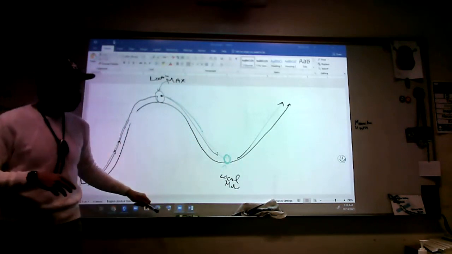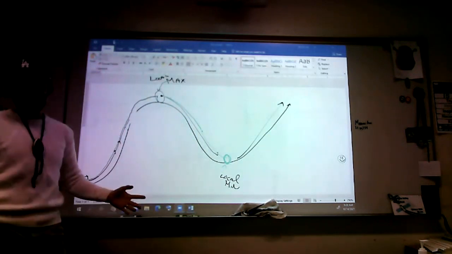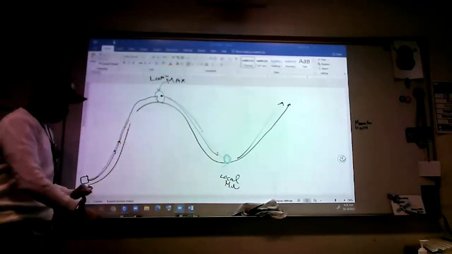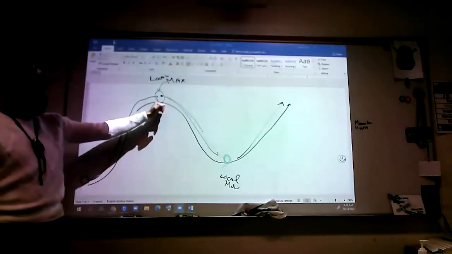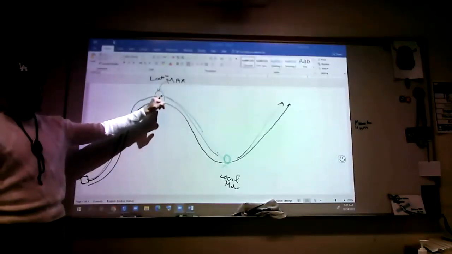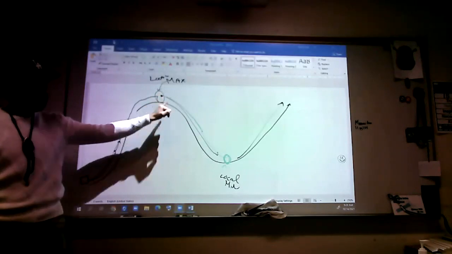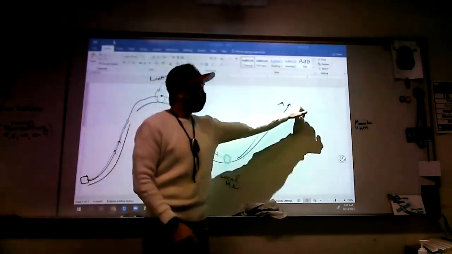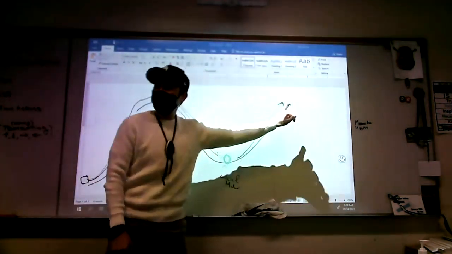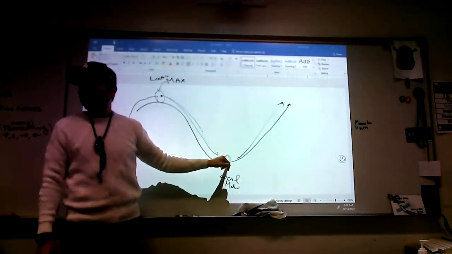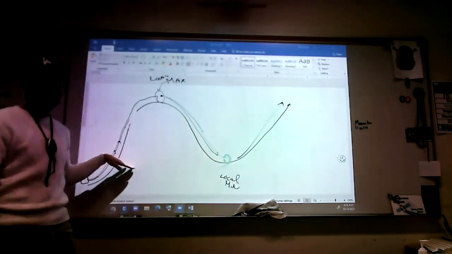And then your answers for increasing, decreasing is just going to be from this interval to that interval. Do not include that point. And then from this interval to infinity, and do not include that point. At that point, it's going to be your y value.